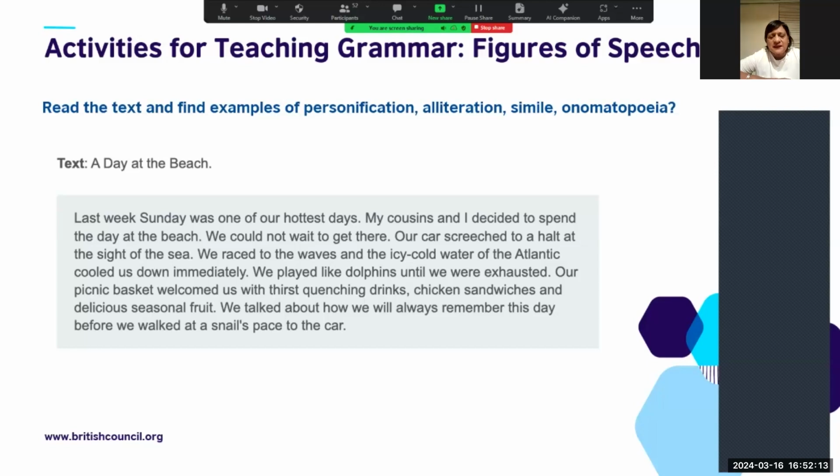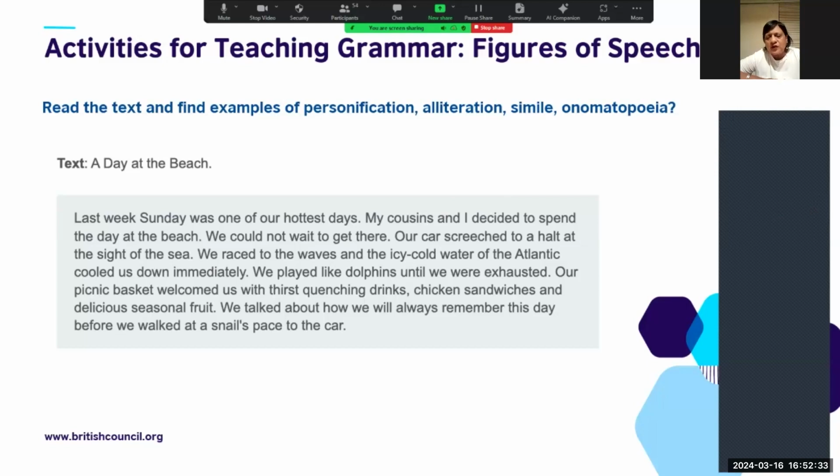And then lastly, it's important that we do follow-up lessons, so you can use this text to teach parts of speech as well. You can also flip the lesson, in that you can give them this text and read it through with them.